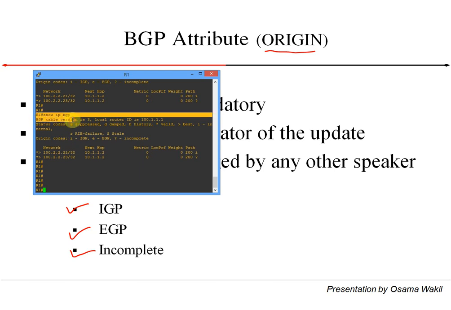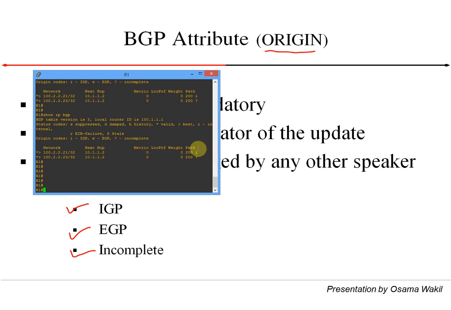Show IP BGP. If we look at the show IP BGP output, we are going to see origin codes over here. I stands for IGP, E for EGP, and the question mark is incomplete, which means the route is coming from some different protocol, meaning it's being redistributed.